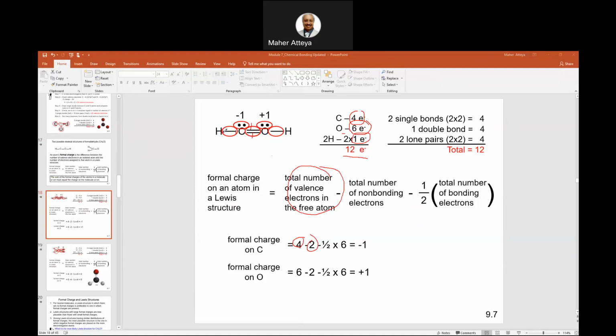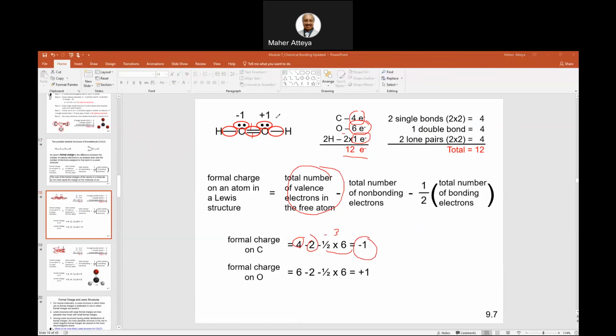So you have 6, minus half of the 6. So this one here is minus 3. Correct? Minus 3, minus 2, minus 5, plus 4, minus 1. So carbon has minus 1.